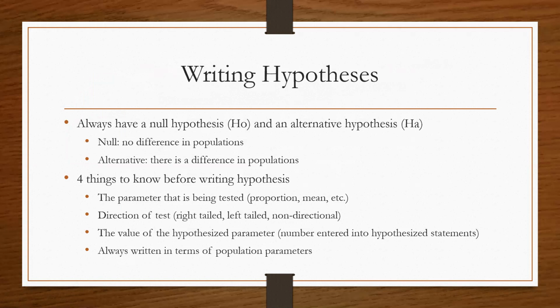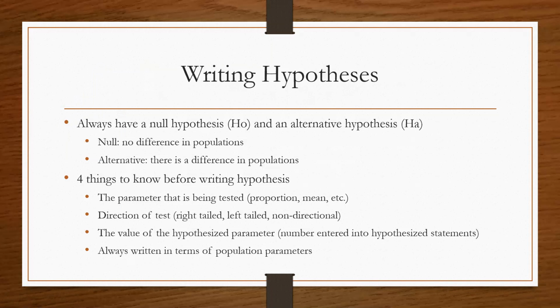So four things that you want to know before you even set about writing a hypothesis is what's the parameter that's being tested? Is it proportion? Is it mean? Is it difference in proportions? Difference in means? That stuff is going to help you early on. Direction of the test. So is it right-tailed, left-tailed, or non-directional? Right-tailed has to do with the less than or equal to sign, and non-directional.